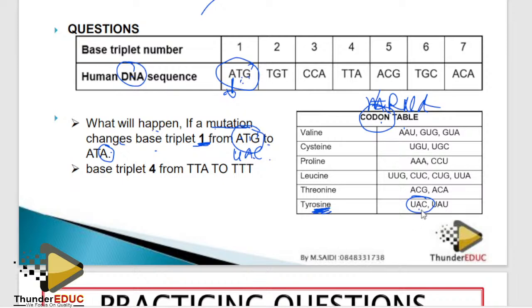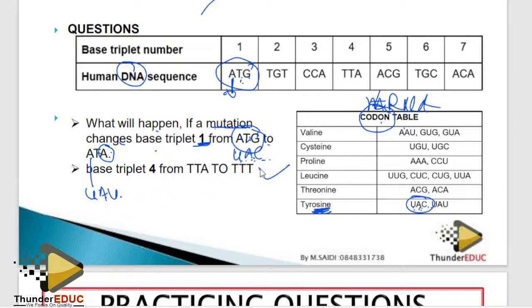So this is tyrosine. Then what about this? Now I change it again. It's going to be UAU. What does it mean? UAU is also tyrosine. So a change from this to this will lead to UAC changing to UAU.